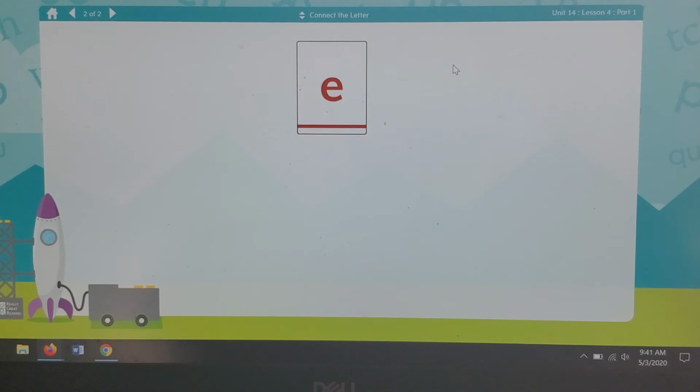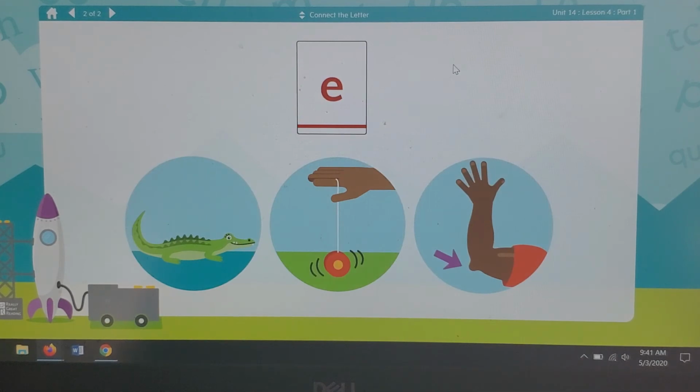Say the letter name for the vowels. So that's A, E, I, O, and U. The short vowel phonemes are going to be A, E, I, and so on. So which one of these begins with E? Alligator, yo-yo, elbow. Elbow is correct.